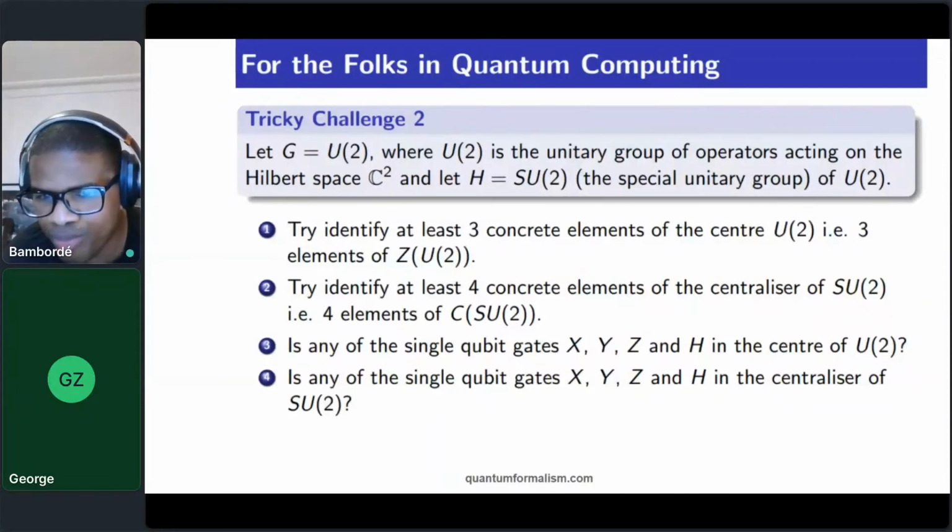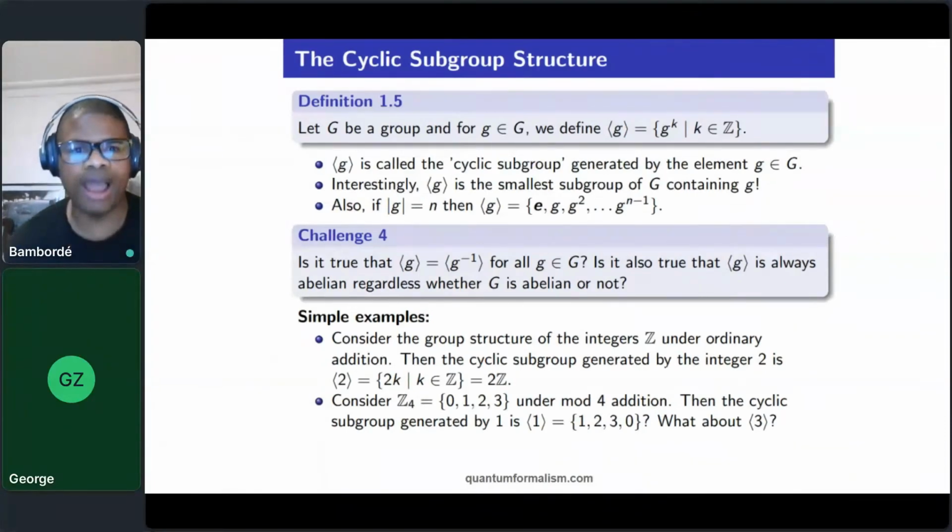Okay, so I hope my sound is okay because I'm going to proceed. Sound is better. Okay, so now we will start with the notion of cyclic subgroup.